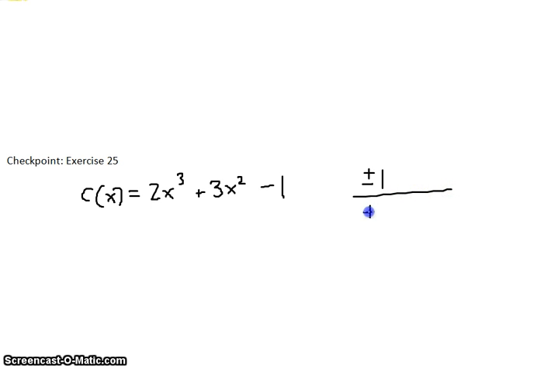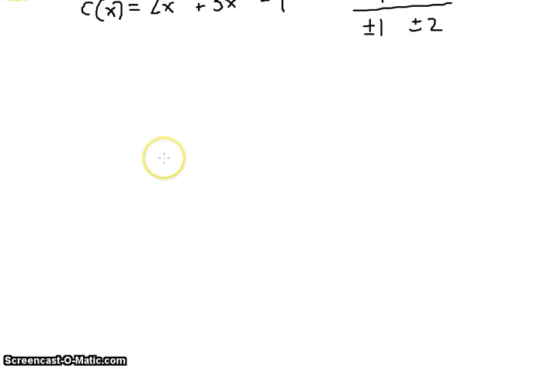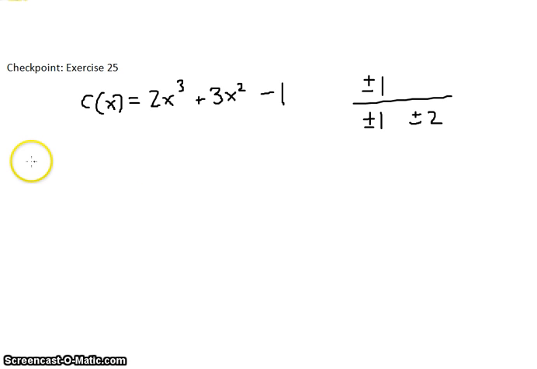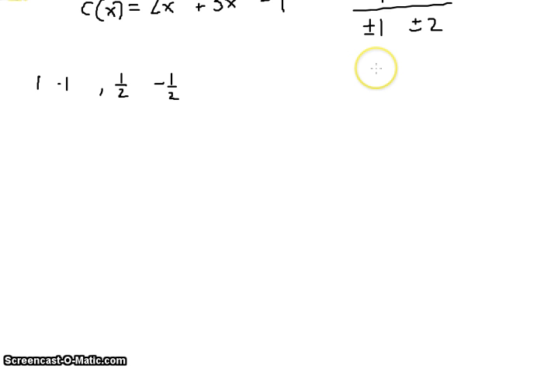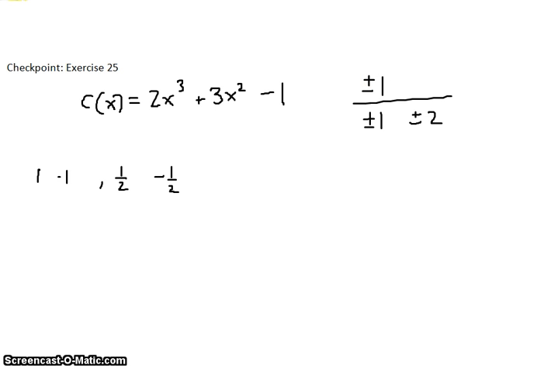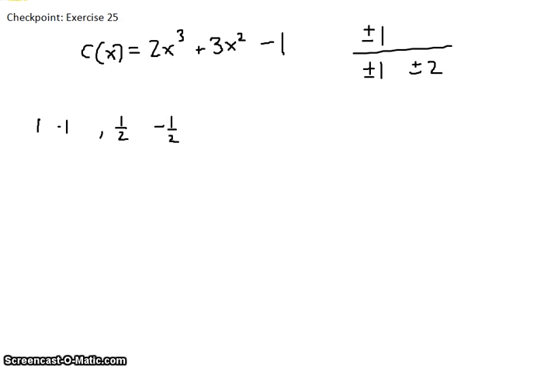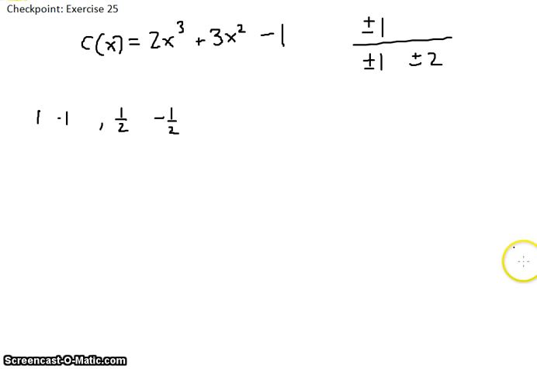over plus or minus 1 or plus or minus 2, because I'm dealing with the factors of this. Well, now I have to deal with 4 different numbers. 1, negative 1, 1/2, negative 1/2. Now you can check these the same way we checked the ones before, but you have to be very careful because we're missing a placeholder.